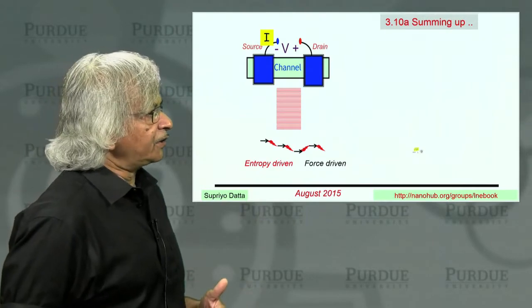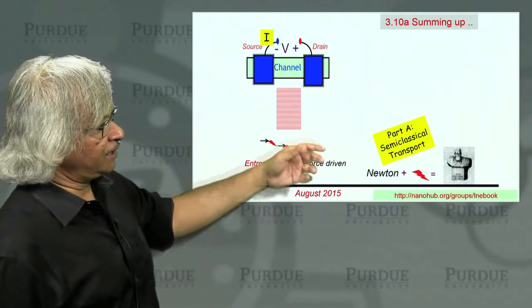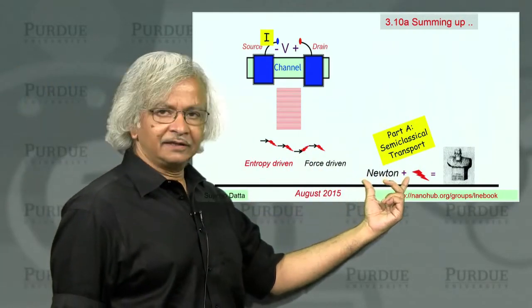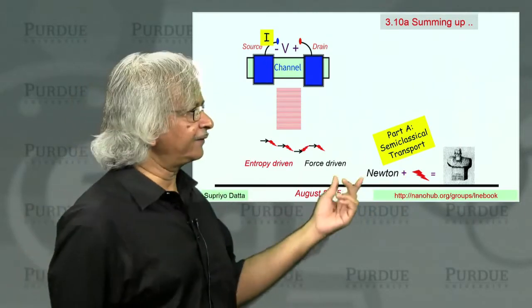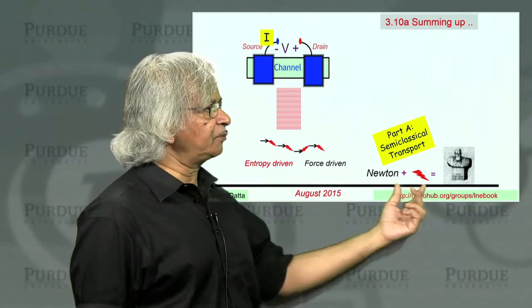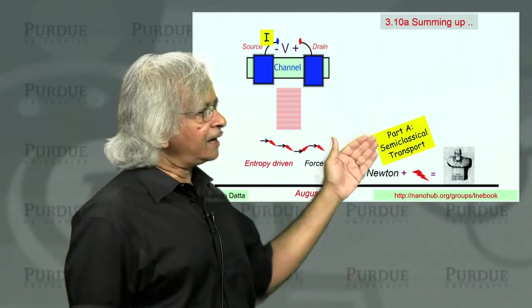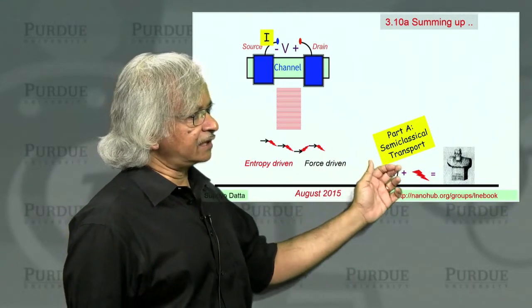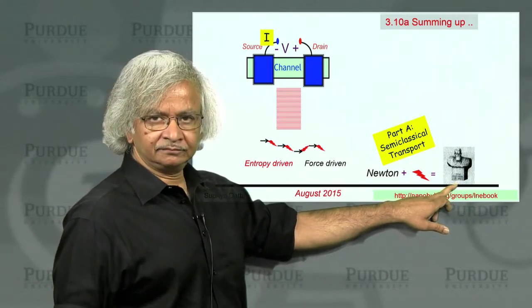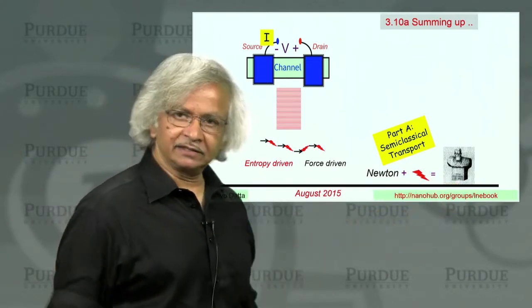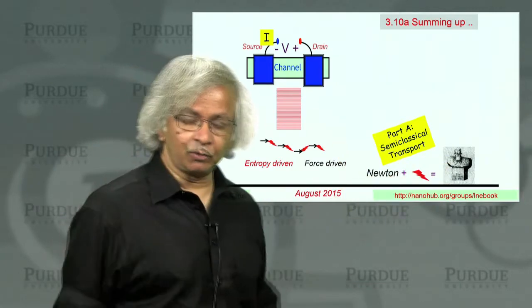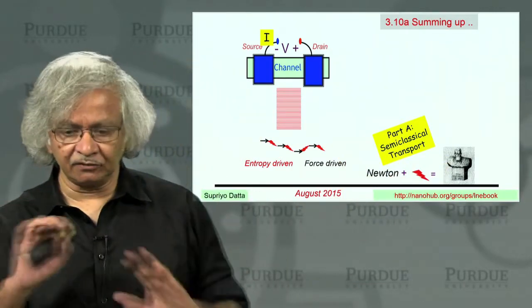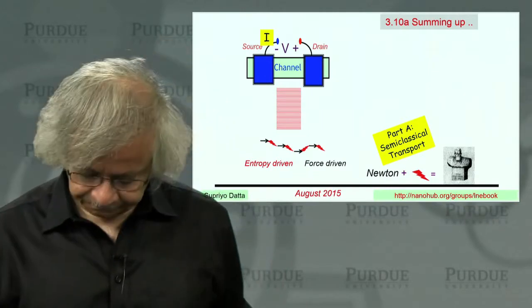And so when you're trying to describe transport, it's not enough to have the mechanics, like Newton's law for classical mechanics. You have to add these entropy-driven processes to it. And in the semi-classical context, Boltzmann showed us how to do that in the 19th century, and that's Boltzmann. And this Boltzmann equation is the centerpiece of all semi-classical transport.